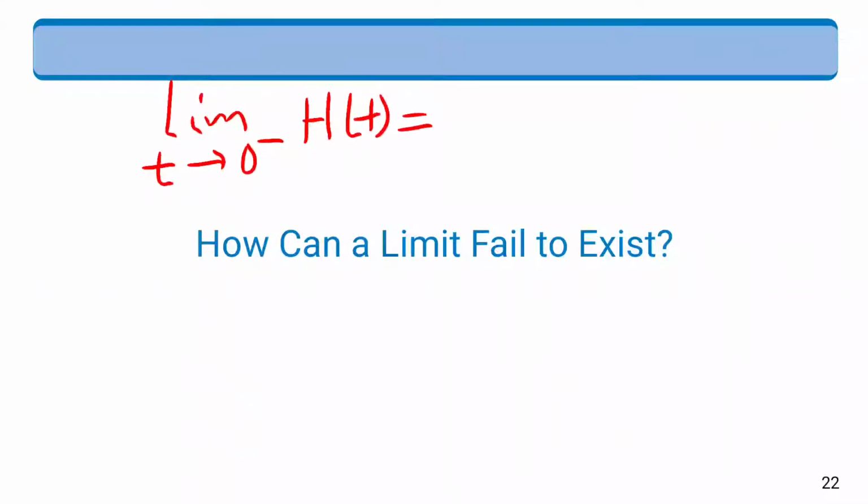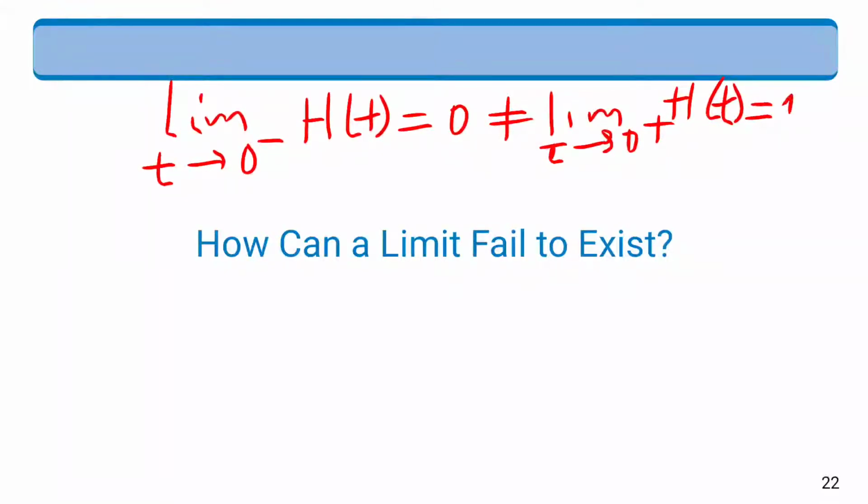So we found from the Heaviside function that the limit as t approaches 0 from the left of the Heaviside function, remember we found that to be 0, which was completely different from the limit as t approaches 0 from the right, which you can remember we got to be 1.